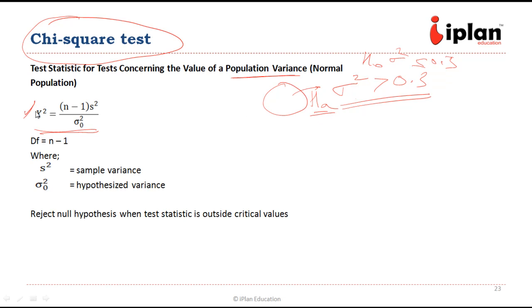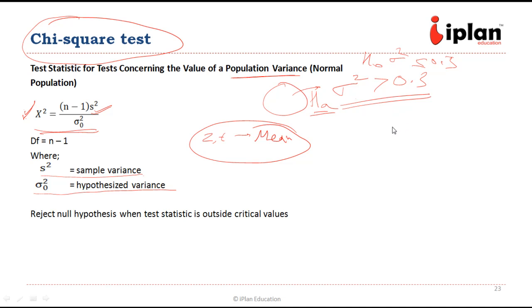So for this kind of test we need to calculate the chi-square statistic. The Z test and T test were for the calculation of mean, and for variance we are using the chi-square test. In this, S is the sample standard deviation, so S square is our sample variance, and sigma naught square is our hypothesized variance.